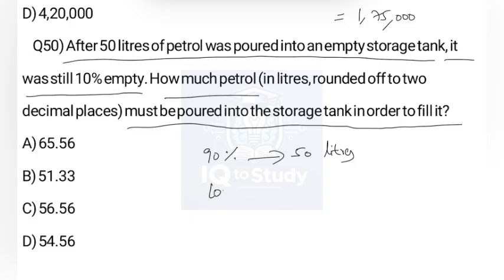Then 100% becomes 100 into 50 divided by 90. That is equal to 55.56.